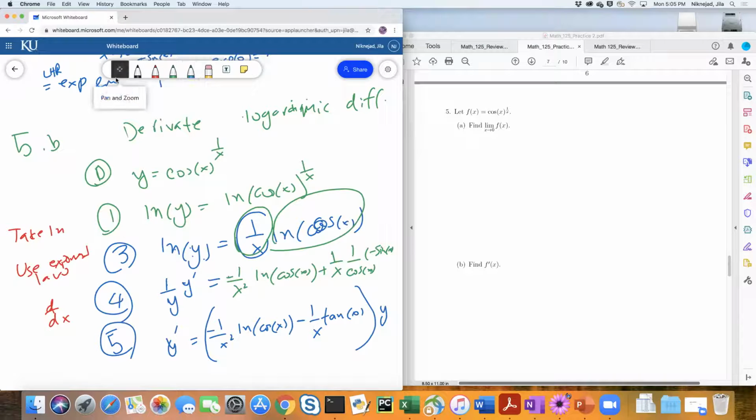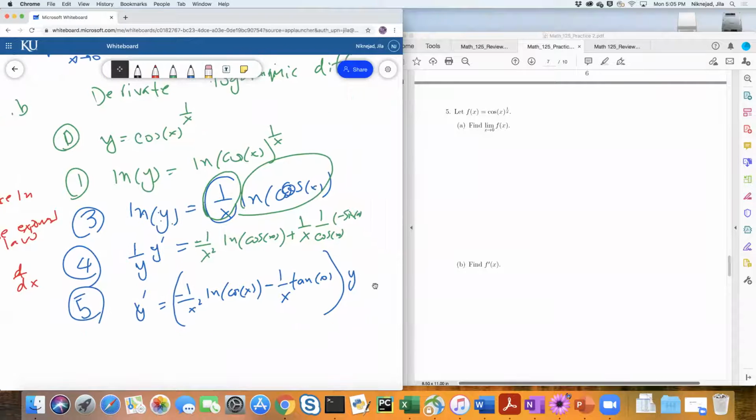Now, if I'm multiplying by y, but then I still have a y on this side, what is y? Y was cosine of x to the power 1 over x. So replace that. Don't leave it as y. Make it cosine of x to the power 1 over x. And so this is solving for y prime.